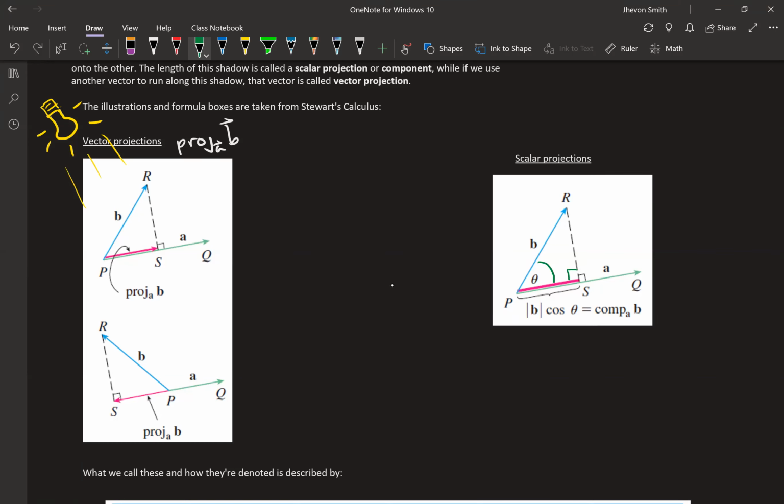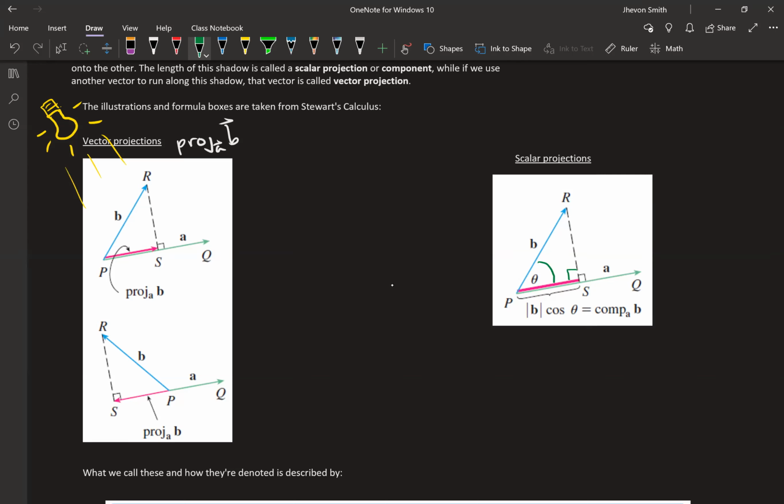Just by SOHCAHTOA. And that's called the component of B onto A, or the scalar projection of B onto A. So the scalar projection is a scalar. It's literally a magnitude. It's a length. It's a signed magnitude. It could be positive or negative depending on what the value of theta is, but it's really measuring the length of the shadow. Whereas the vector projection is measuring the actual vector.